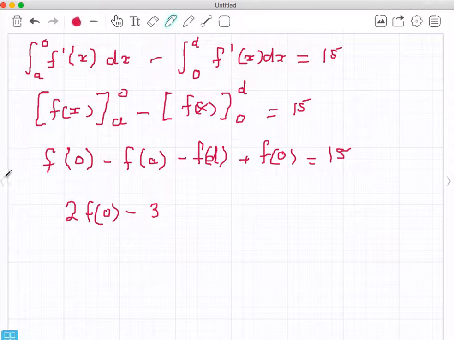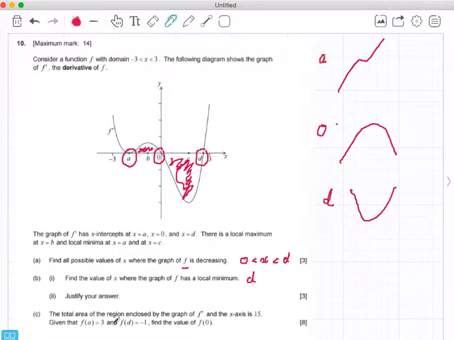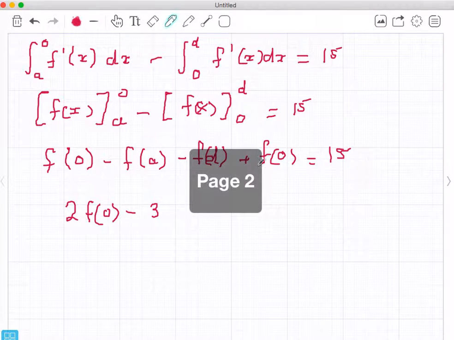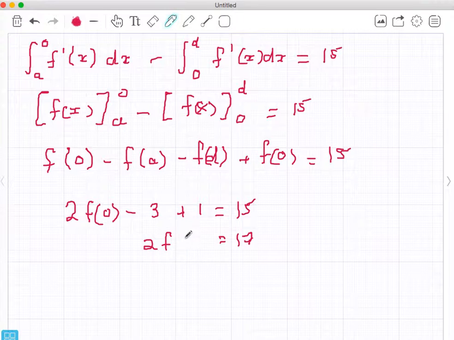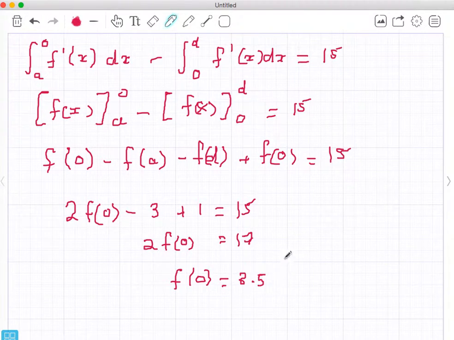And f(D) is given as minus 1, so I'm going to replace this with minus minus 1, so it becomes plus 1, and that equals 15. So I've got 2f(0) minus 2 equals 15, so that's going to give me 17 equals 2f(0), and f(0) will give me 8.5 or 17 over 2. So that's quite a lengthy question. It's the last question on there, and that's the last bit worth 8 marks.